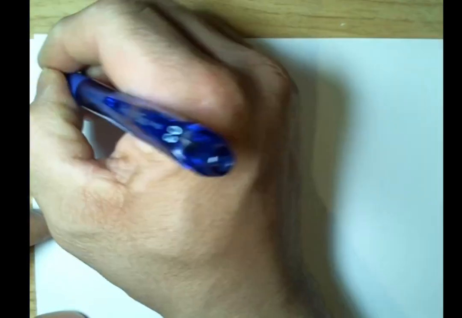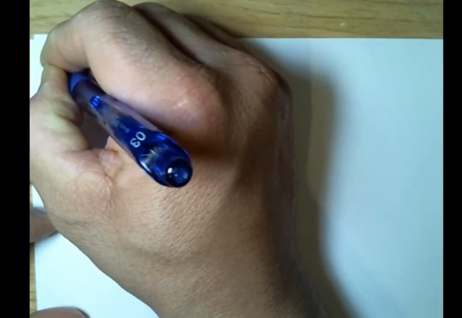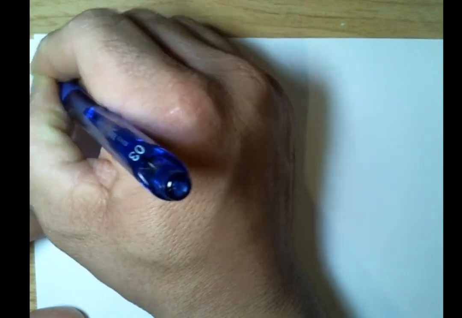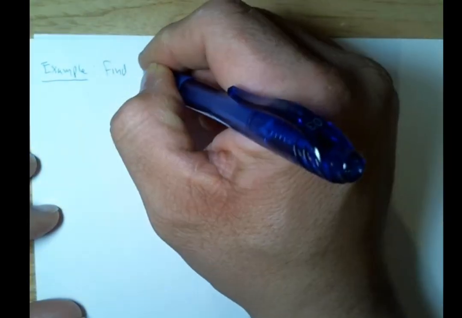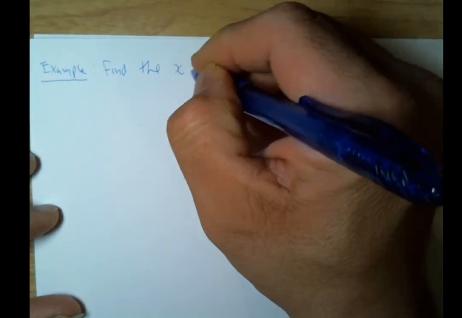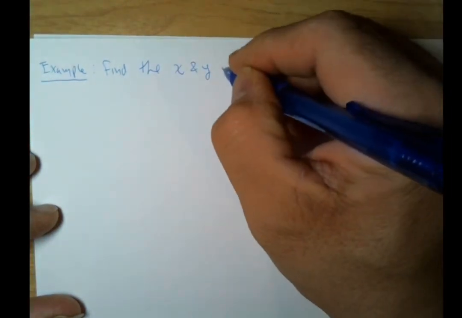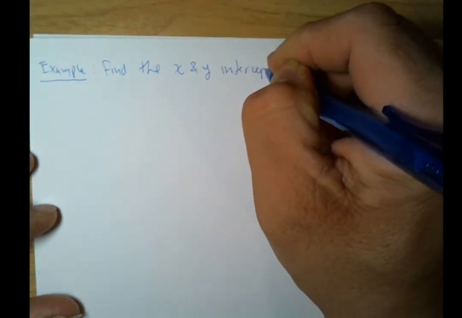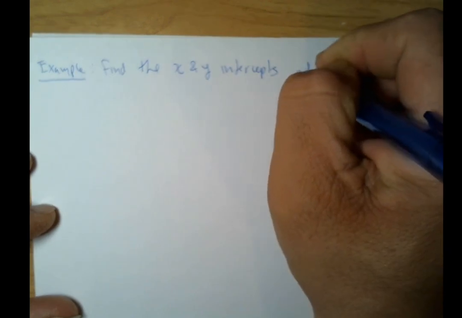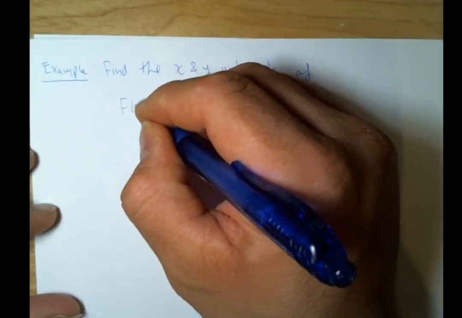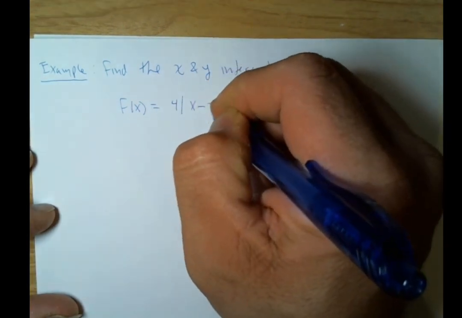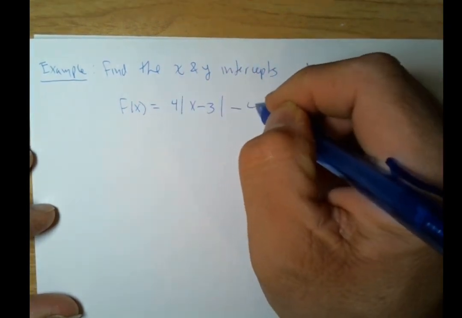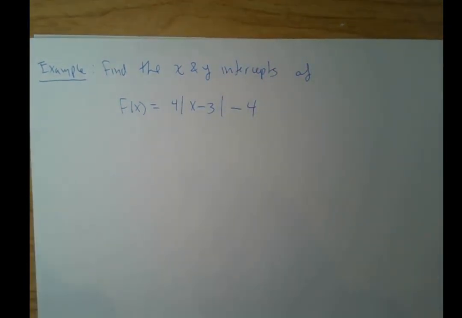In this example, I want to find the x and y intercepts of y equal to 4 absolute value of x minus 3, minus 1.